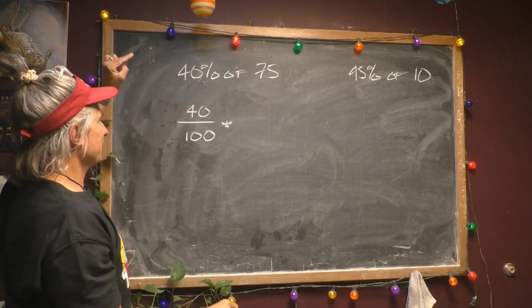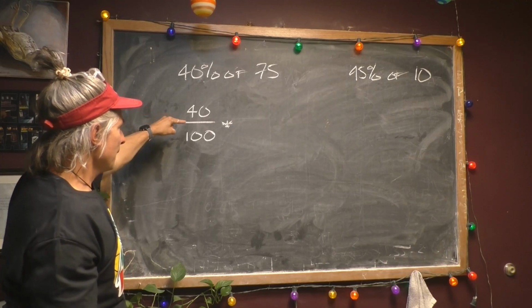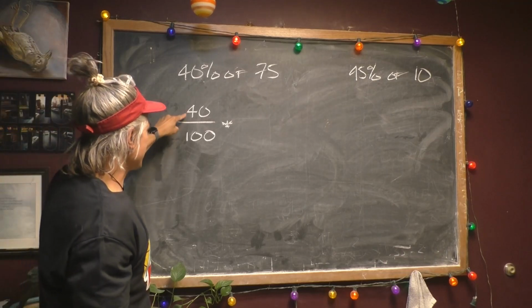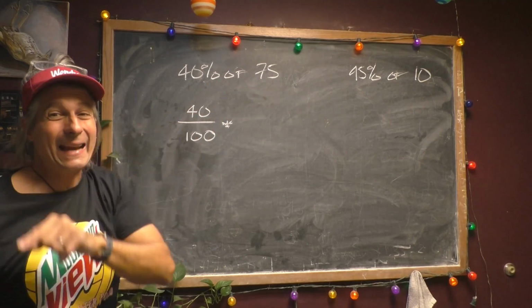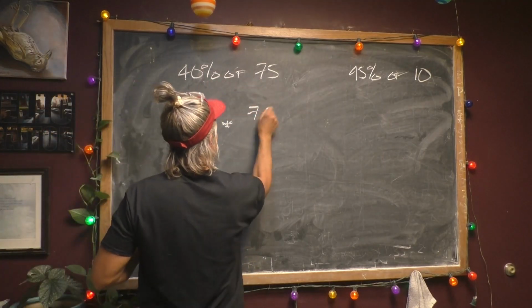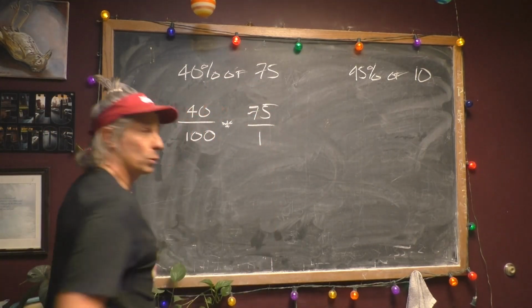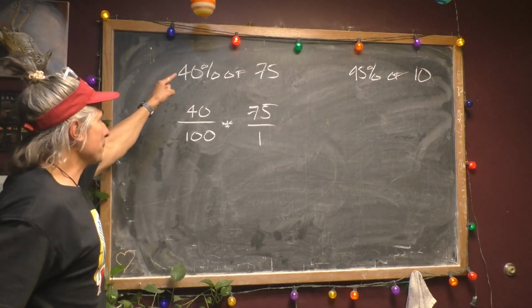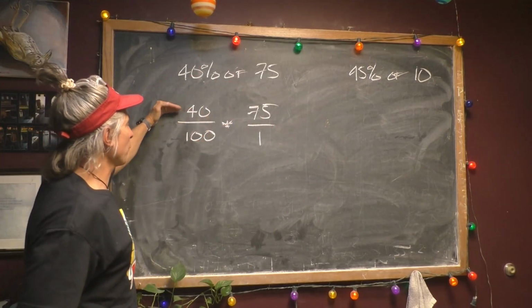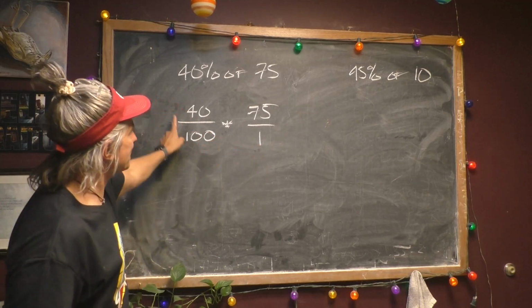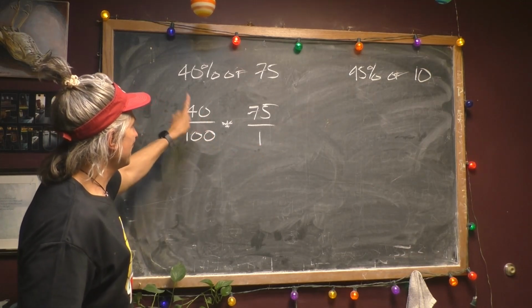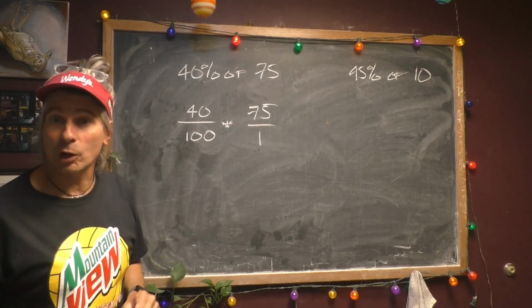Now, any number can be written as a fraction over 1. So 40% of 75 is the same as 40 over 100 times 75. And since this fraction is less than 1, that's going to make this number smaller at the end.